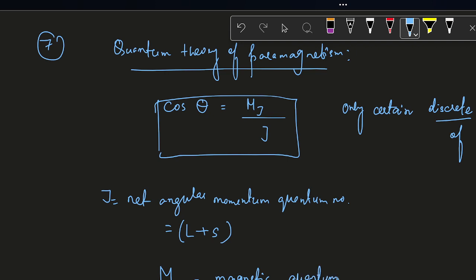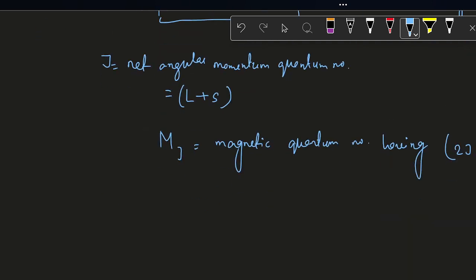Remember, you are dealing with now quantum theory of magnetism. So all these quantum numbers are coming, and this mj is having 2j plus 1 possible values. These are all standard things, I do not need to explain this, but this mj can take values right from minus j up to plus j in gap of 1.